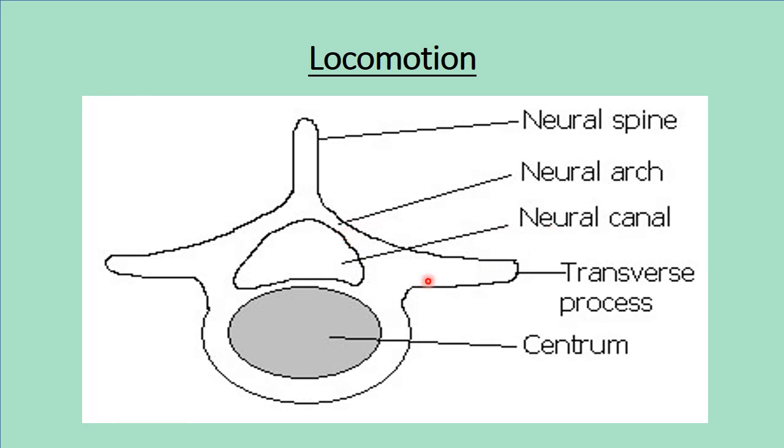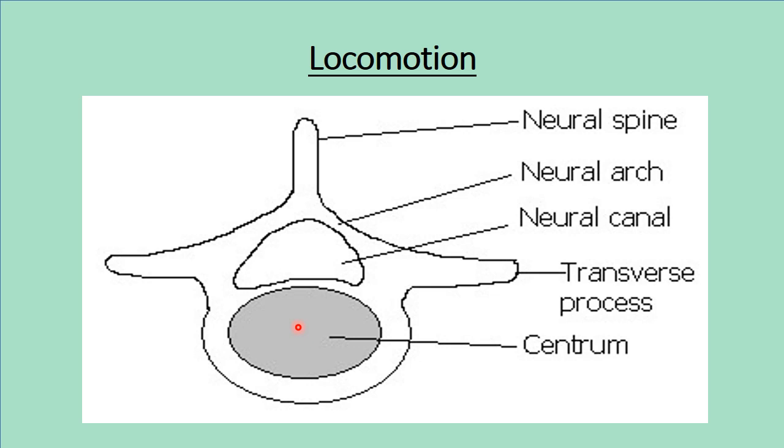Then we have these projections on the sides called transverse process. The transverse process has the same function as the neurospine, that is, it acts as an attachment for muscles and ligaments. Finally, we have the centrum. The centrum acts as a link between vertebrae, that is, it connects one vertebrae to another.